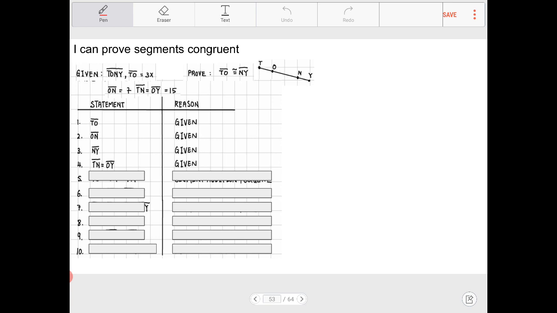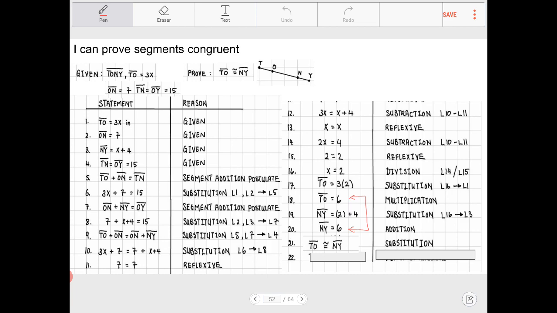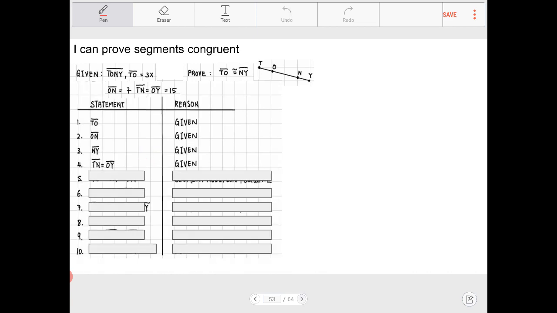Okay, so what I'm going to do now is, if you notice in the given statements here, I took away all those numerical values. I took away ON equal to 7 and y equal to x plus 4 and 15 here. In this two-column proof, it's the same exact setup.